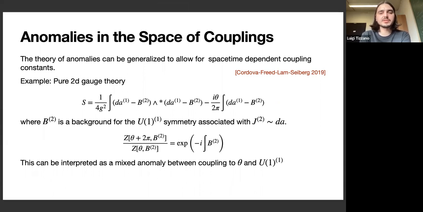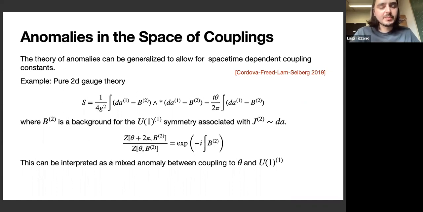And so if we have couplings that can be space-time dependent, there might be a sense in which we can extend the theory of anomaly to accommodate such a situation. And instead of trying to explain in formal ways what is an anomaly when you turn on these space-time dependent couplings, I will just tell you of a simple example in which this is an interesting thing to do.